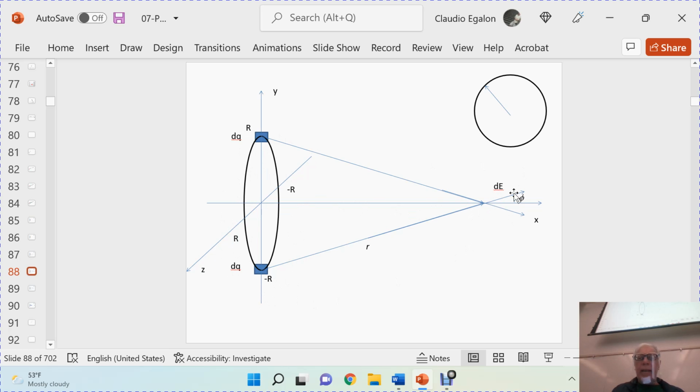We are going to get an infinitesimal electric field contribution that's going to span a cone in space around the x-axis. The result is going to be an electric field that points only along the x direction, because the components along the y and z axes are going to cancel out.